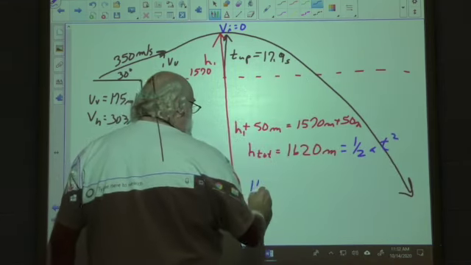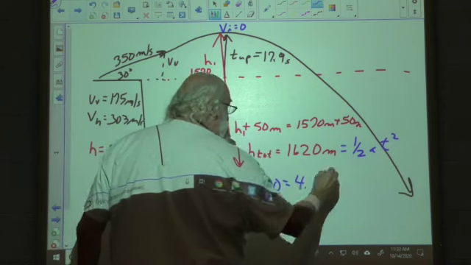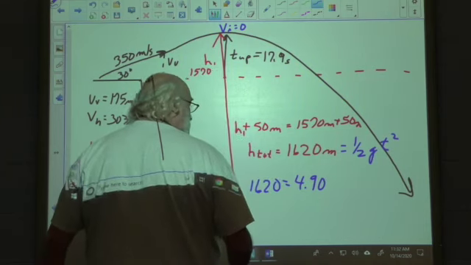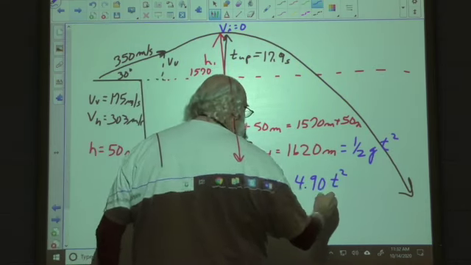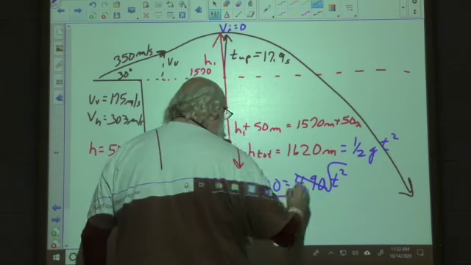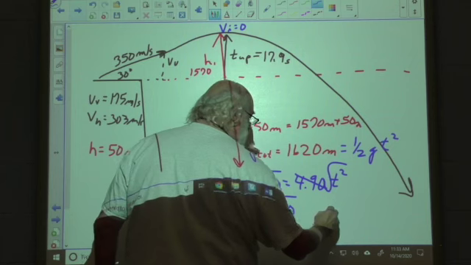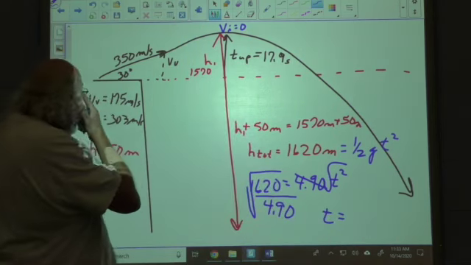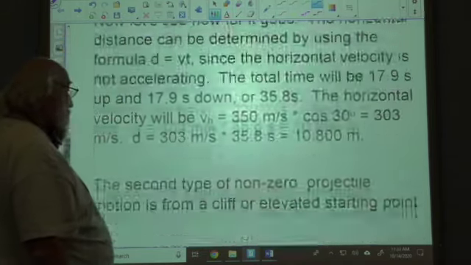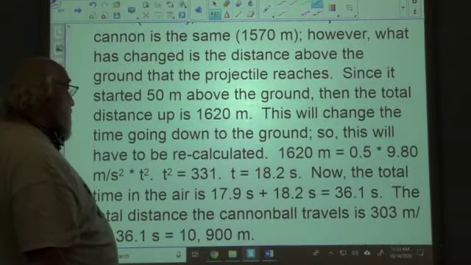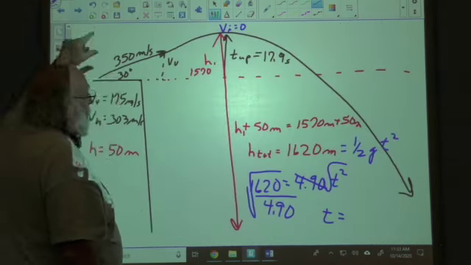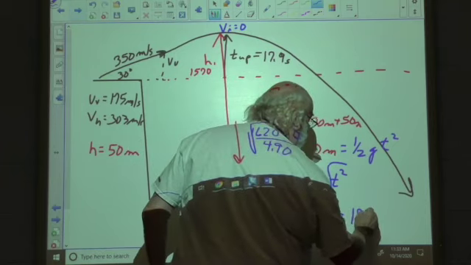So 1,620 equals 4.90, and that's g, by the way, because half of 9.80 is 4.90, times T squared. Divide by 4.90, and then take the square root of both sides. And T turned out to be 18.2 seconds.